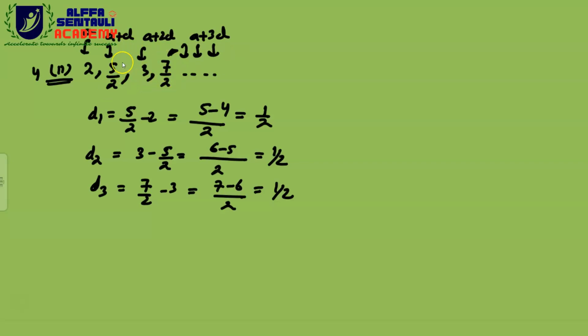See, if you write in general, the nth term will be what? This is your first term plus n minus 1 times D. This is the formula of your nth term. How?